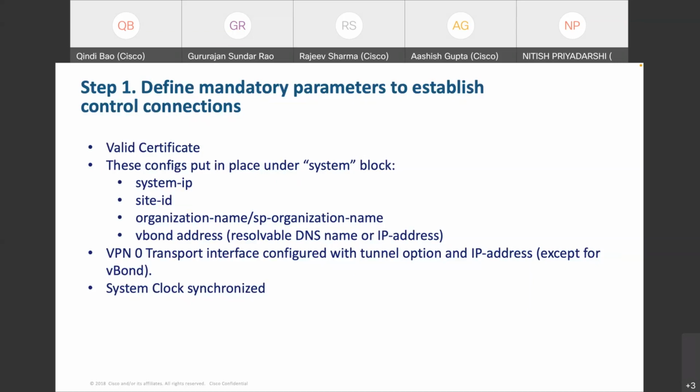Under the VPN 0 configuration, we usually ask for at least one interface configured as a tunnel interface, and of course you need a valid IP address to be assigned. There is an exception for vBond: for vBond, we don't require a tunnel interface on VPN 0. Last but not least, the system clock has to be synchronized. That's why we always recommend using an NTP server over your network, so make sure every device has the same system time. Okay, let's move to step 2.